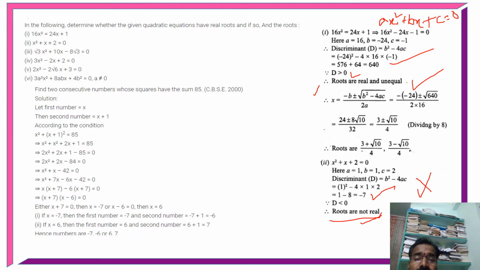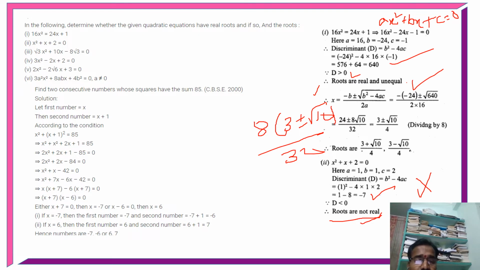If you factorize 8 over here, in this step, 8 of (3 plus or minus root 10) over 32. 8 can cancel. This is bracket close.